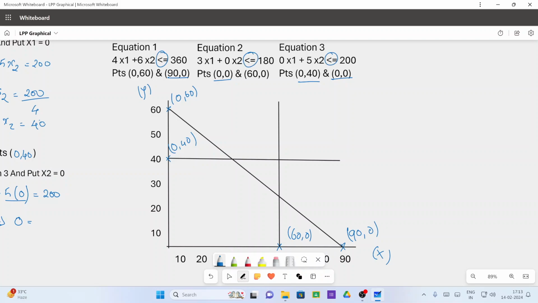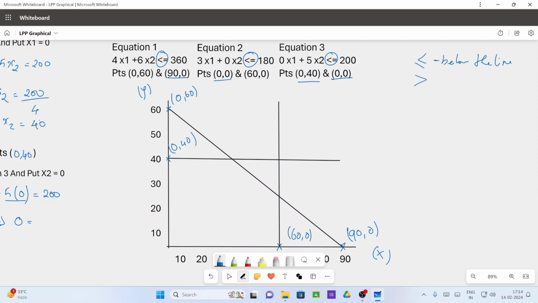The symbol here is less than or equal to. When the symbol is less than or equal to, your feasible region lies below the line.